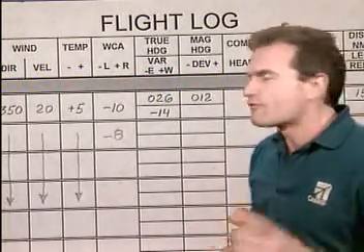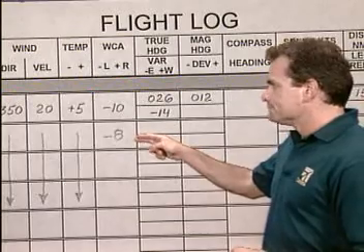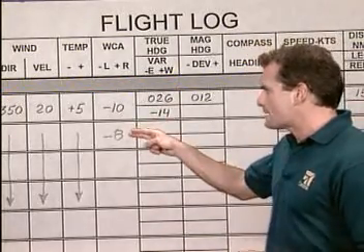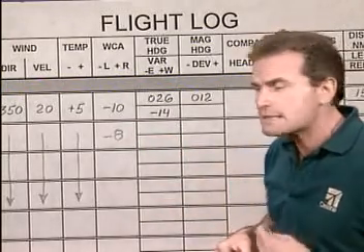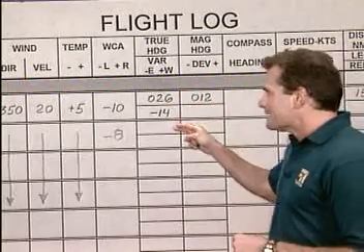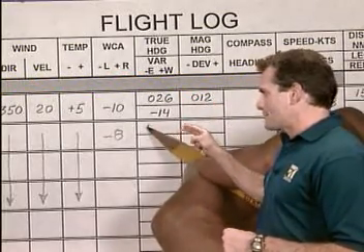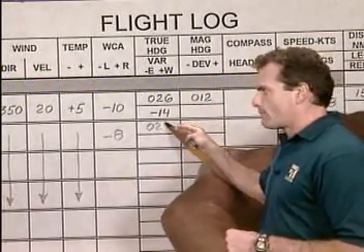We take the true course, which we said earlier was 036 degrees, then add or subtract the wind correction angle from this block right here. Well, since we already stated that our WCA is -8 degrees, we'll subtract it from the true course of 036 degrees and get 028 degrees and put it right into this box here.